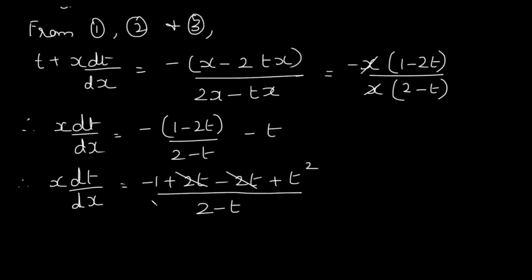So these two terms get cancelled and therefore we get (t square minus 1) upon (2 minus t). Okay, so x dt upon dx becomes this term, (t square minus 1) upon (2 minus t).